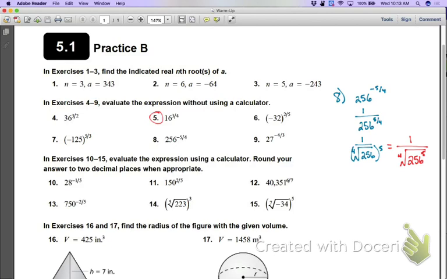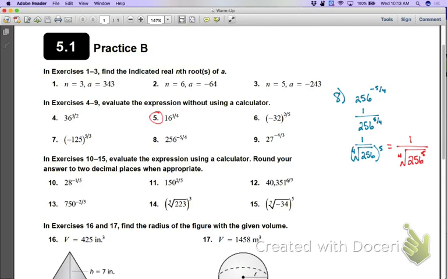The only reason I wouldn't suggest doing it the way in the red is that if you have really small numbers, that's okay. But whenever you're starting out with numbers like 125, 256, even 27, those are large numbers that are going to get really big really fast.